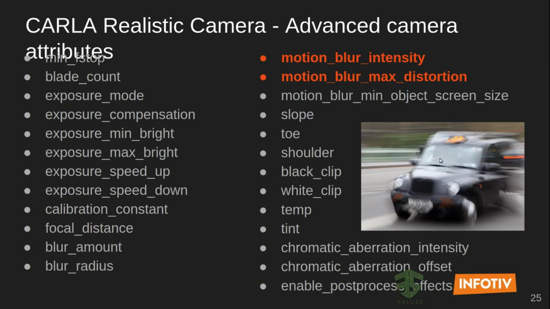You can easily change this parameter to make your simulation even more realistic. So these are just attributes that belong to the camera. And there are several sensors that each have their own parameters.